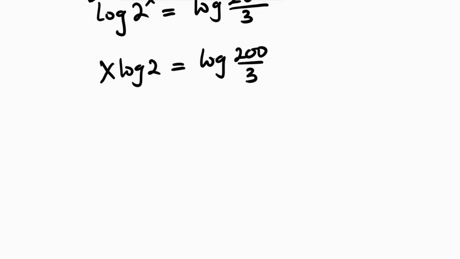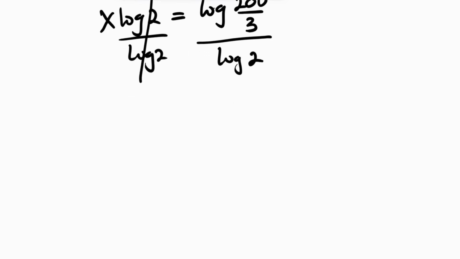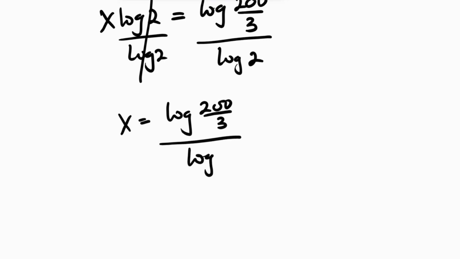Okay, so now to find the value of x, we just divide both sides by log 2. Log 2 cancels out, and we have x equals log 200 over 3 divided by log 2.